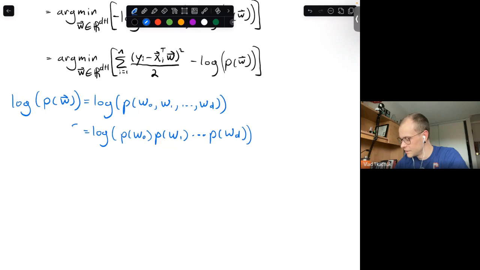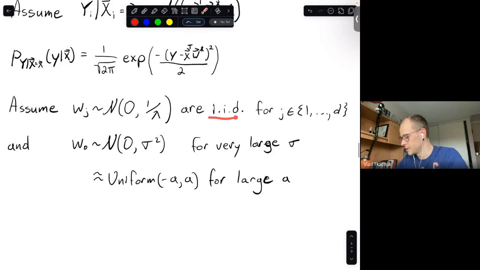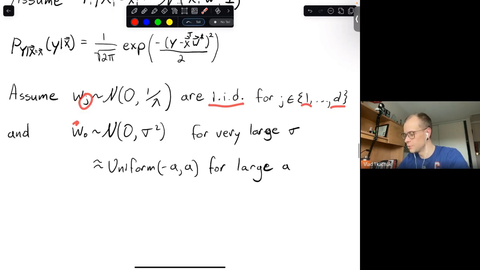what I will need is independence, and I will need independence for all the W's. That includes W0. Here I have independence for Wj, j from 1 to d. What I don't have is independence of W0 with respect to every one of these.